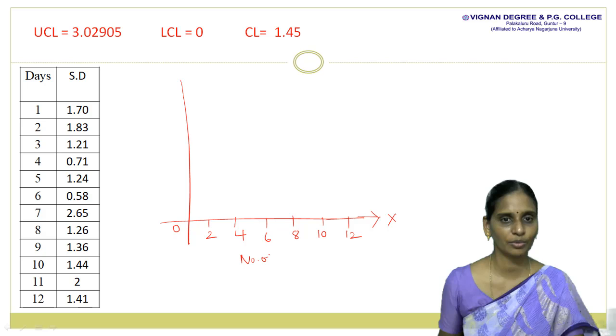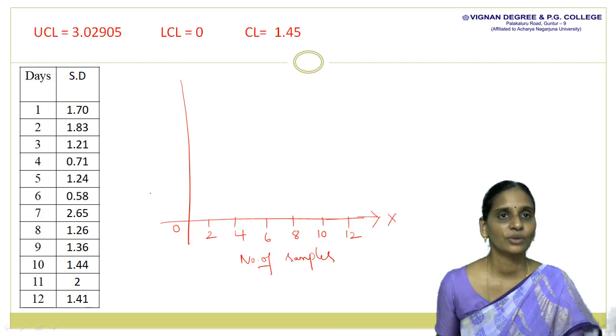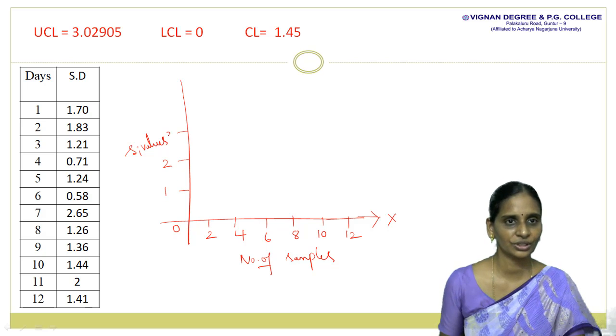On the y-axis, we choose the standard deviation values, that is the S_i values. Based on those values, I am choosing a suitable scale, that is 1, 2, 3, 4 and 5.